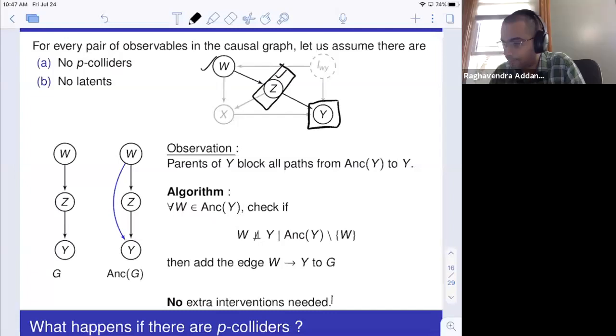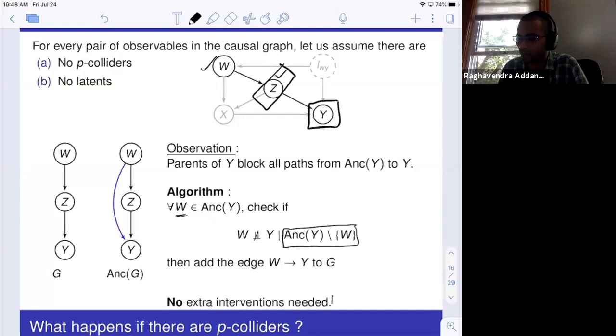So for every ancestor of Y, we check, conditioned on everything other than the node which we are trying to check, whether W is dependent on Y. If so, we add W to the parents of Y. This is because, as I said earlier, parents are never blocked, but everything other than parents is blocked.